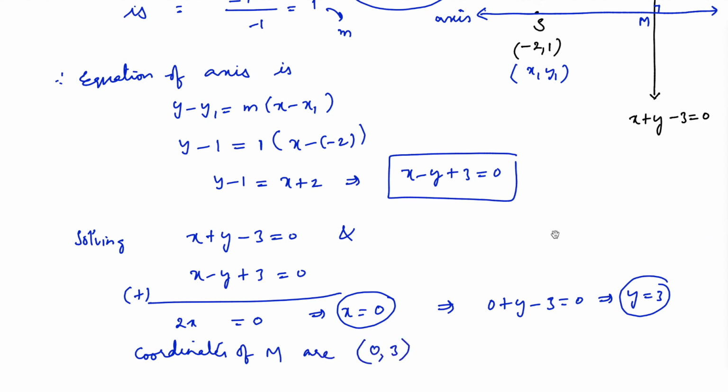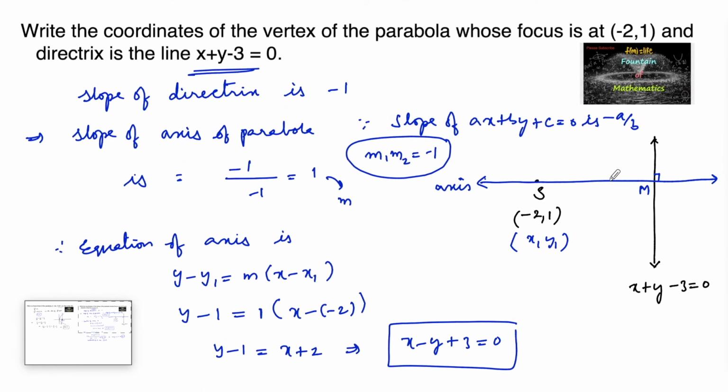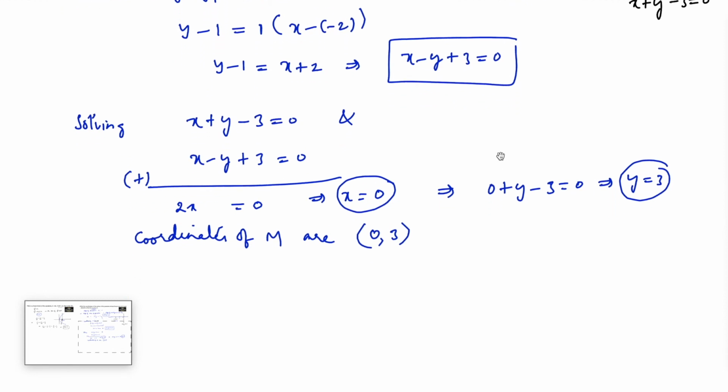Then we know that the vertex will be the midpoint of these 2 points, the focus and the point at the foot of the perpendicular to the directrix. So this is the vertex, V is the midpoint of SM.